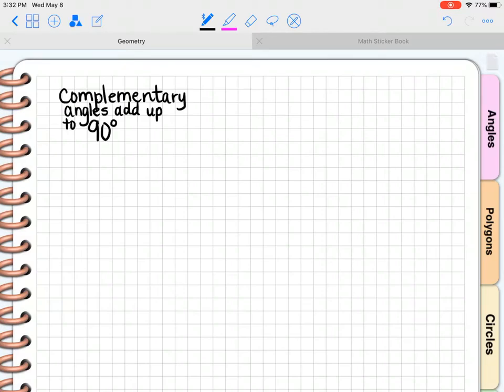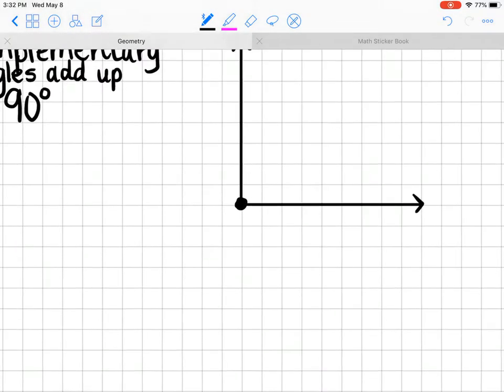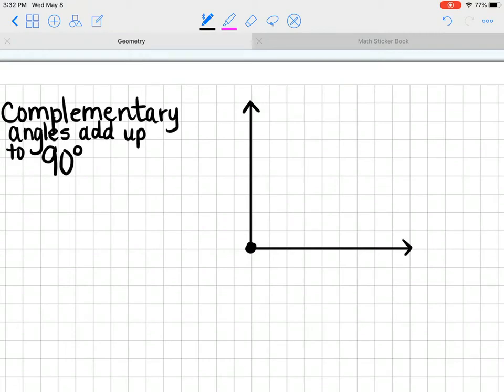Remember, in the last video I showed you how to draw your rays that make the angle with a straight edge. It's important that you use a straight edge. That's why I gave you graph paper. So this is a perfectly lovely 90-degree angle. It is exactly straight up and straight out. So 90 degrees, perfect. And I'm going to go ahead and mark that with my symbol for 90 degrees.